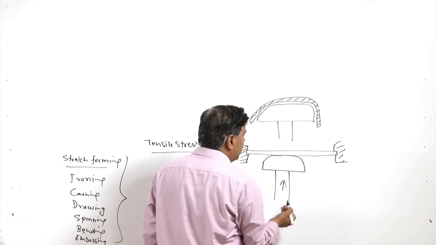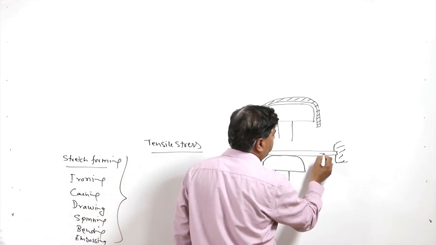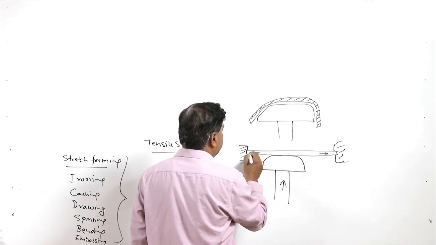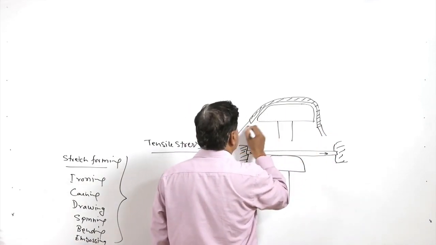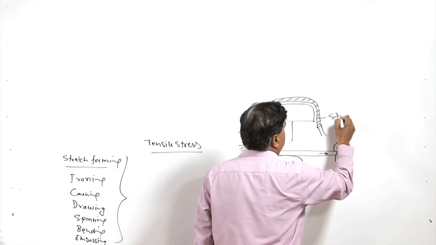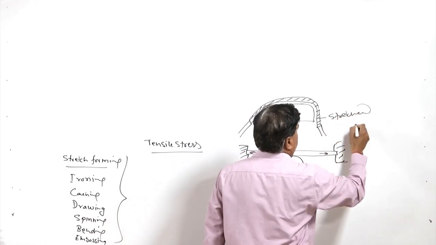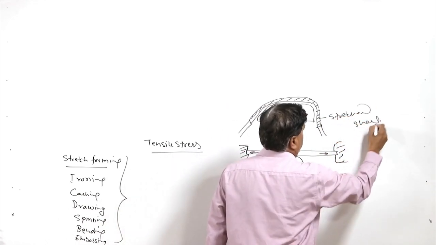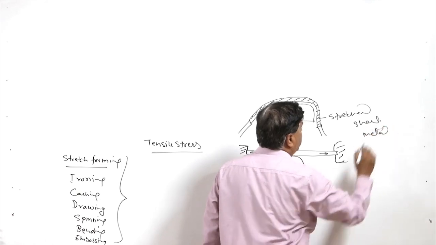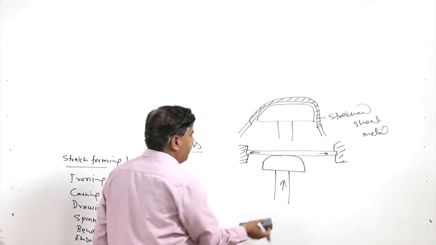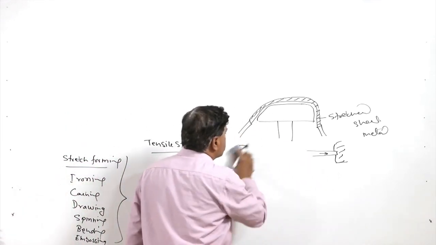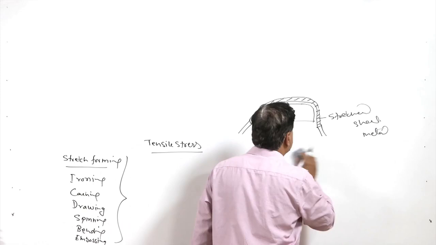When it is pushed through the sheet metal, the sheet metal is stretched. This stretched sheet metal will be experiencing the tensile stresses. This is the case which is used in this operation.